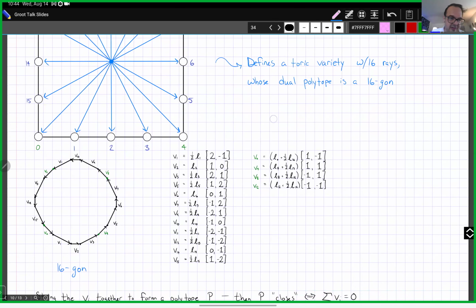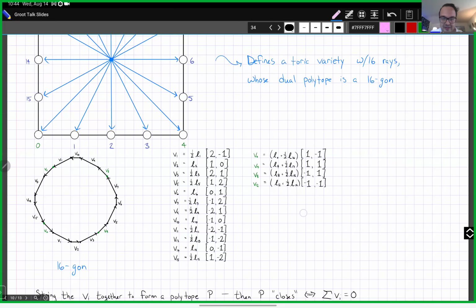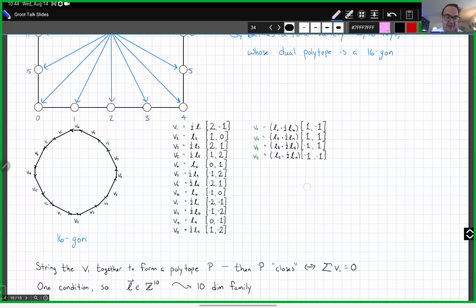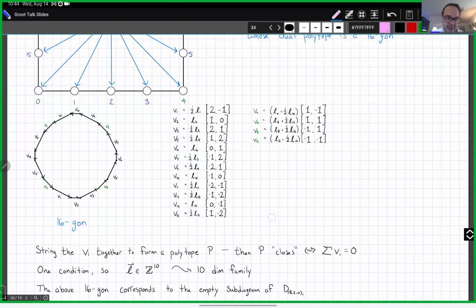So that's what we have here, with some specific choices of vectors for each one of the L sub i's. And then the L sub i's will scale each vector in a prescribed way. And there's some linear condition on the L sub i's that you choose such that this polygon actually closes up. But in any case, as long as you satisfy that condition, then you get some polygon.